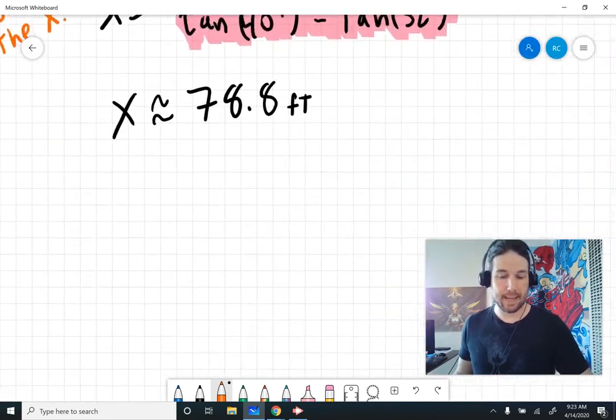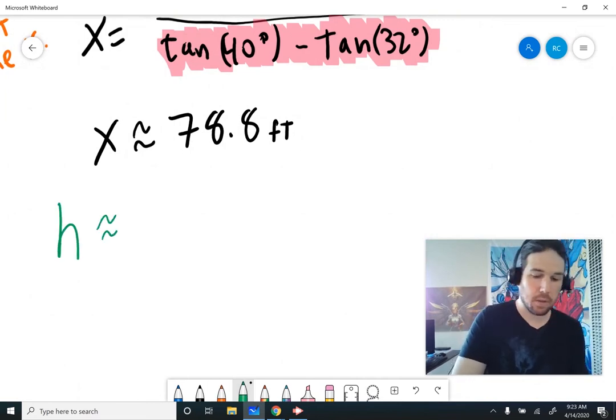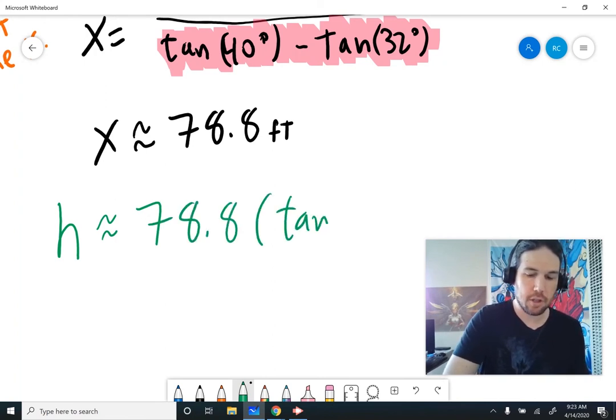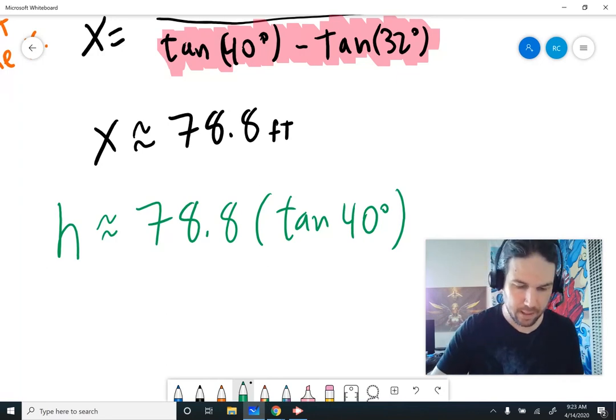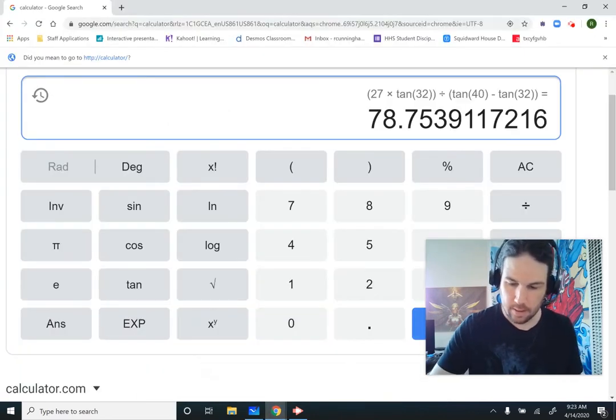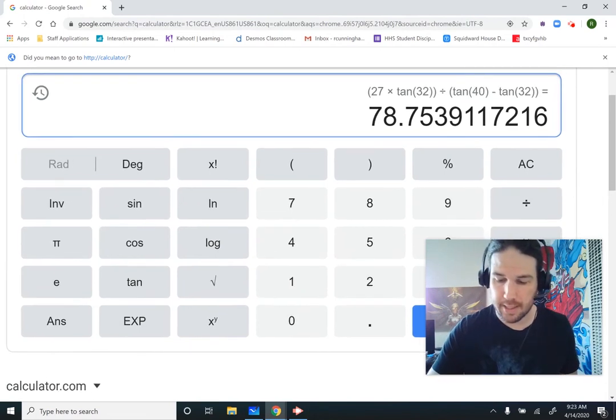So we're going to say that h is approximately equal to 78.8 times the tangent of 40 degrees to find the height. Okay, back over to the calculator. Oh, hey, look, I already have the exact answer on here, so I'm just going to take that existing answer.